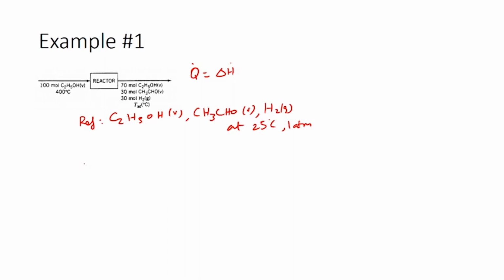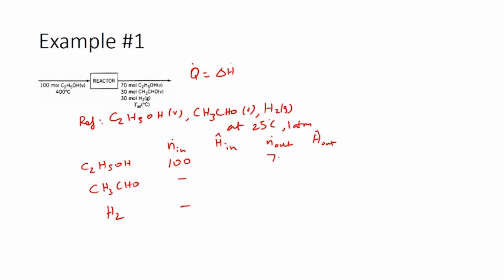So, let us build the table. You would have C2H5OH, CH3CHO and hydrogen. You have N dot in, H cap in, N dot out and H cap out. The number of moles of ethanol coming in is 100. You do not have acetaldehyde and hydrogen entering.